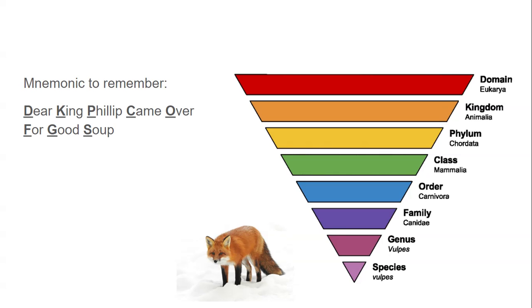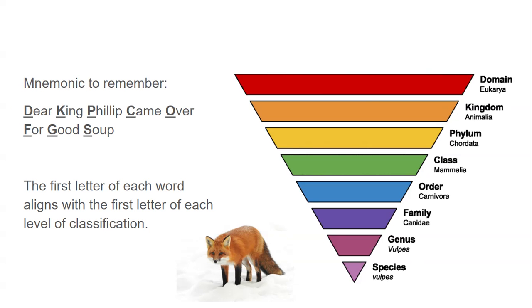"Dear King Philip came over for good soup" is a very short little sentence, and the first letter of each word pertains to the levels of classification that I have over here. So for dear, the D is standing for domain. King, the K is standing for kingdom, and so on as it goes down. I would highly recommend you write down this mnemonic as well to help you remember.